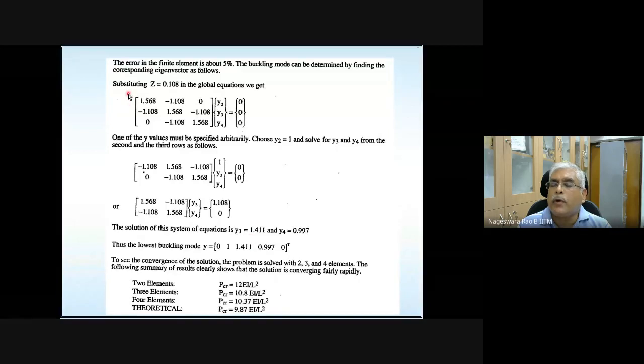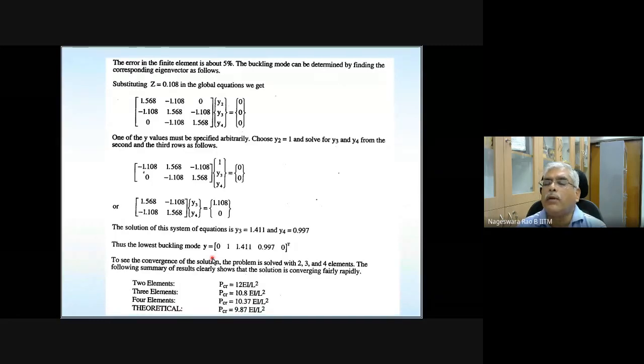This corresponds to z equal to z1. You need to repeat this with z equal to z2 and z equal to z3. Each time, whatever you get here is going to be your eigenvector. The eigenvector here represents y values, and y is nothing but curvature. Here it is written as the lowest buckling mode, because this corresponds to the lowest eigenvalue.